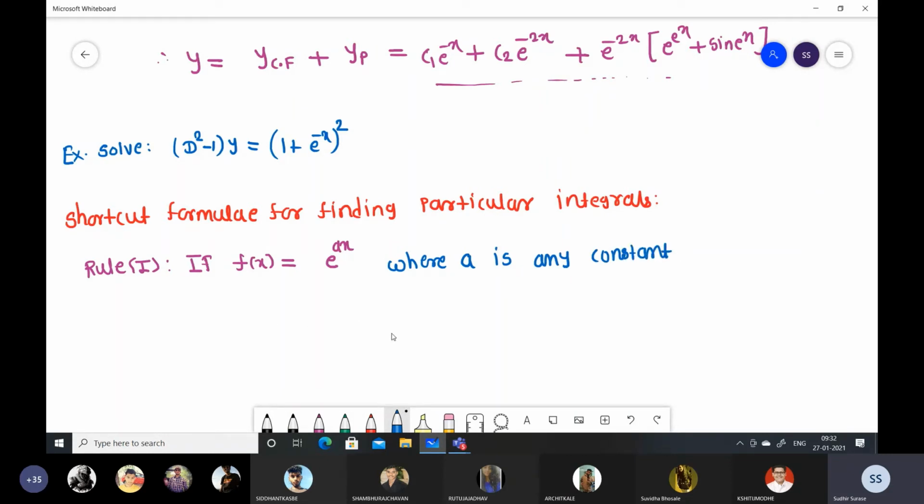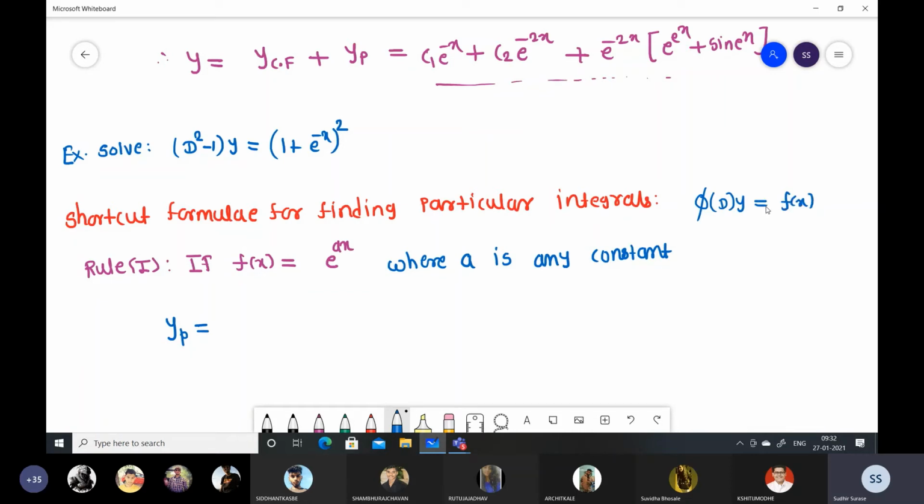Now in this case, what is the shortcut formula for finding the particular integral? So yp, I'm talking about the particular integral, not the complementary function. See, let's say your auxiliary equation is phi of D, and the given differential equation is phi of D times y is equal to f of x.